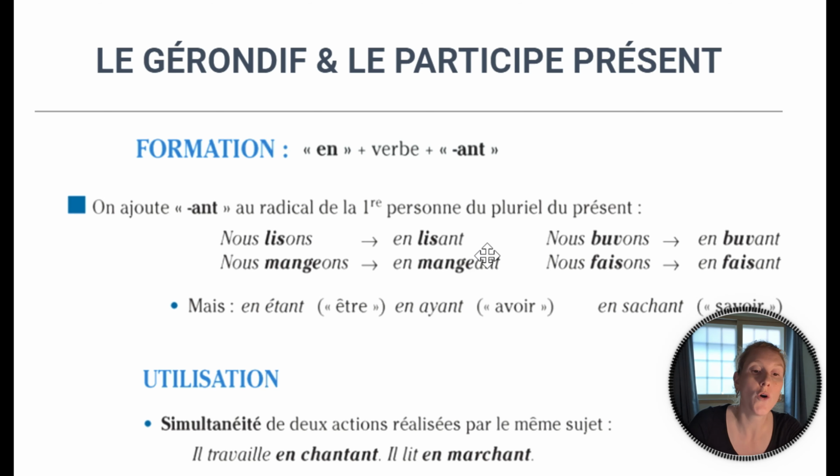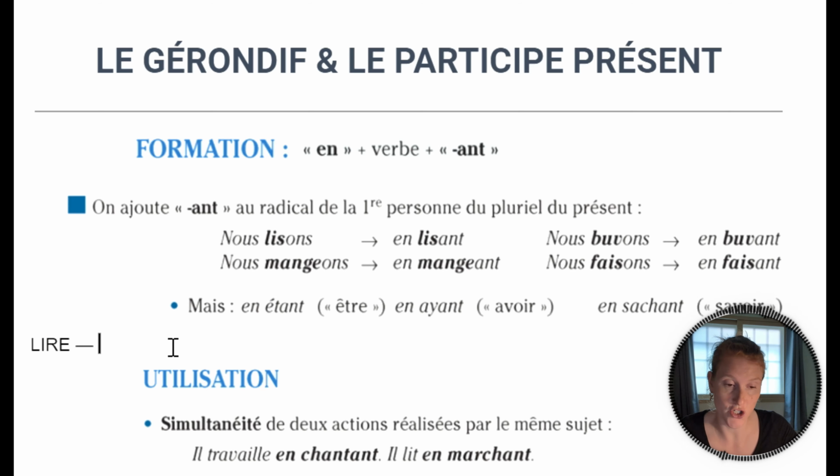So, to put the verb lire into gérondif, the specific form, you will then take the same radical, lis, and you will add ant, which will become lisant, okay? To make it full gérondif, you need the preposition en, so en lisant.